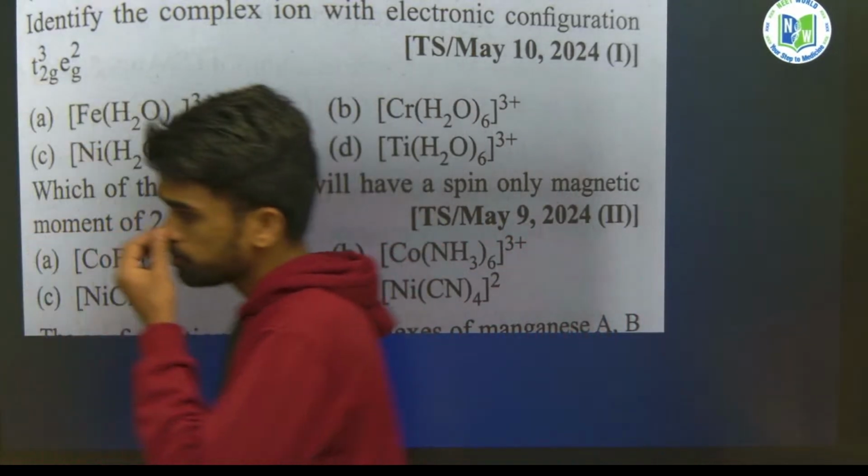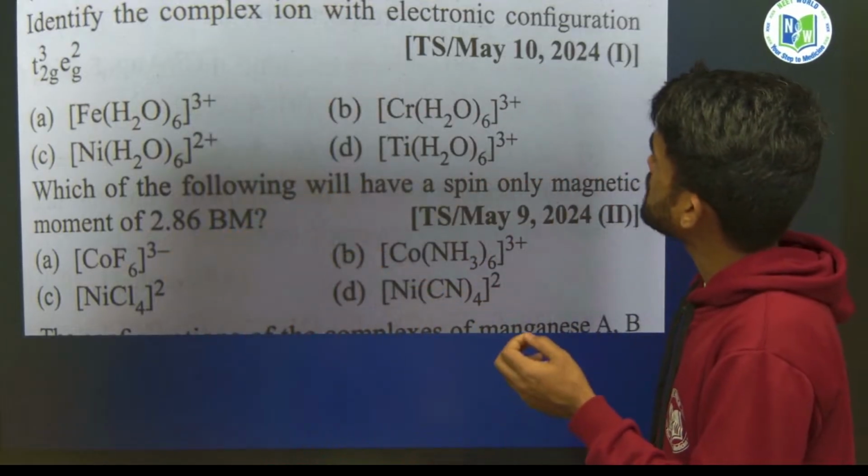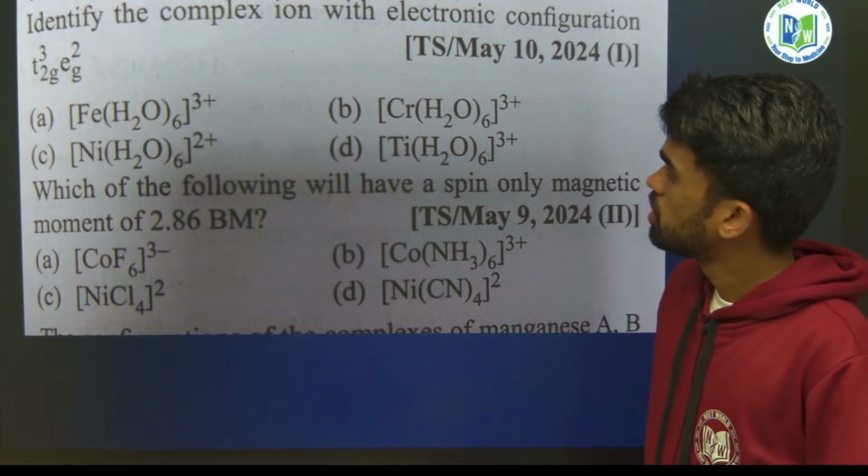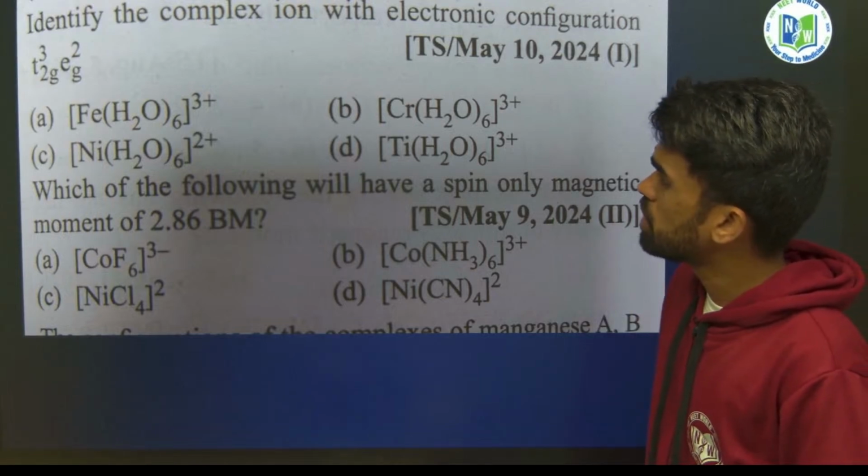Yeah, tell me. Identify the complex ion with electronic configuration t2g3 eg2. So how can we do that?